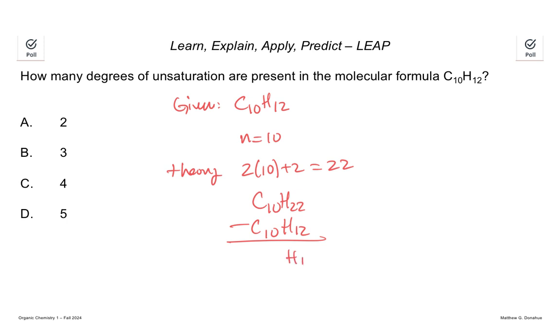That gets us H10. We then divide that by 2, so we get 5. So that molecular formula has 5 degrees of unsaturation. And the next exercise is, can you start drawing structures that have 5 degrees of unsaturation?